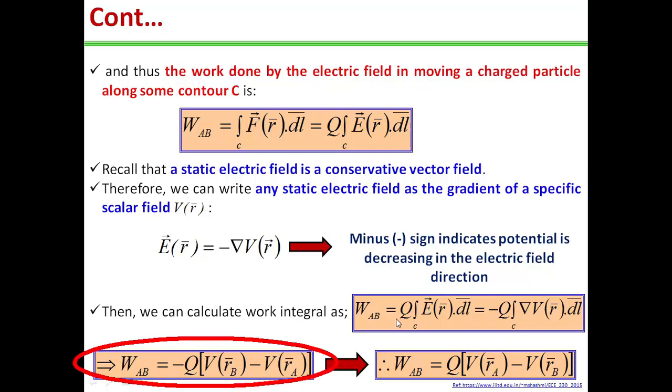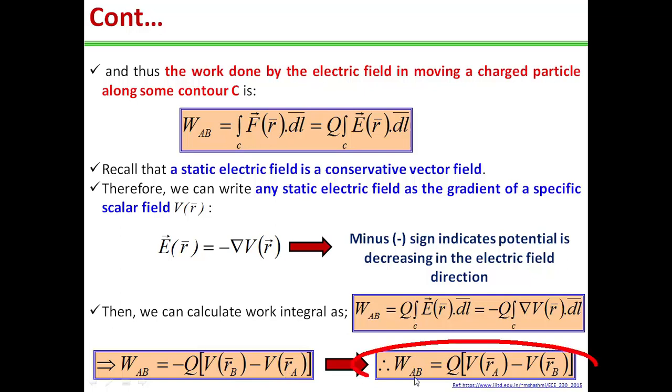Further, WAB can be written as WAB is equal to minus Q in bracket V at point B minus V at point A. That means scalar difference between point B and point A. WAB can also be written in this form, that will be equal to Q times V at point A minus V at point B after the minus sign is taken into consideration.